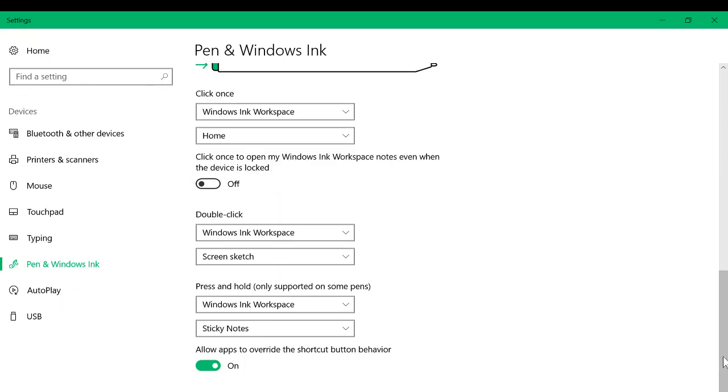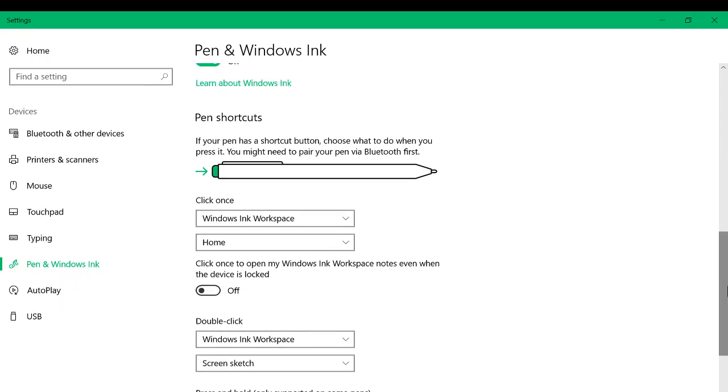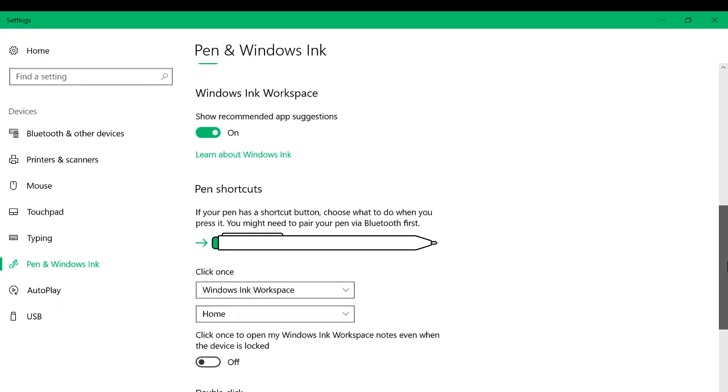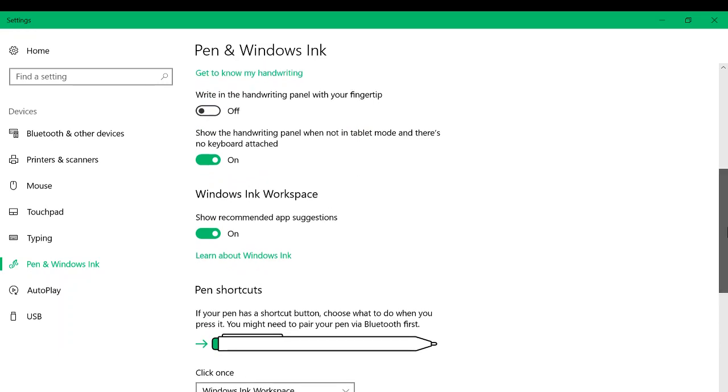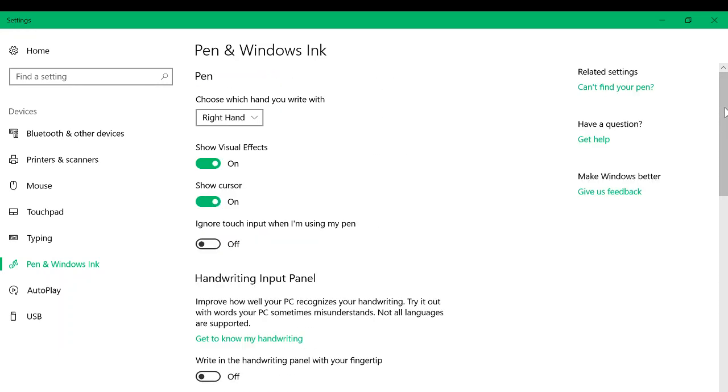I don't see sensitivity, pressure. What about touch? Press and hold? Where is it? I don't know. Try touchpad.